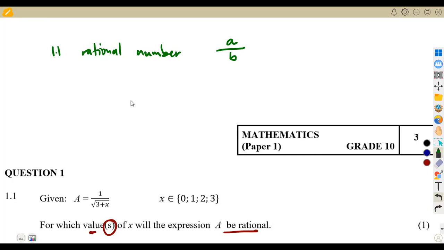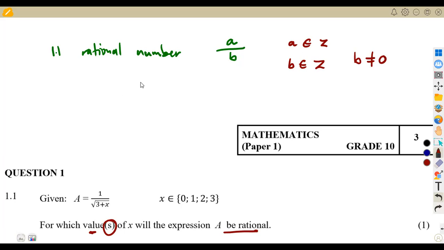Recurring decimals and terminating decimals are all part of the rational numbers, whereby A is an element of the integers. The same with B, it must be an integer, but since B is in the denominator, it is not supposed to be equal to 0.